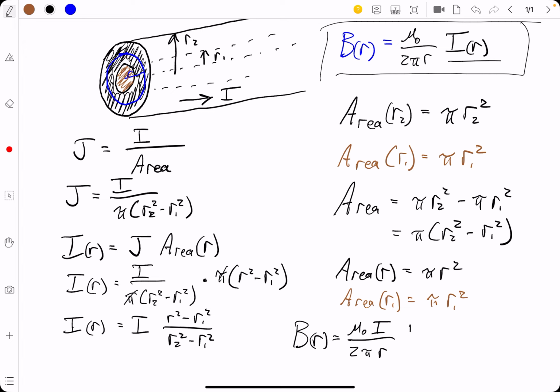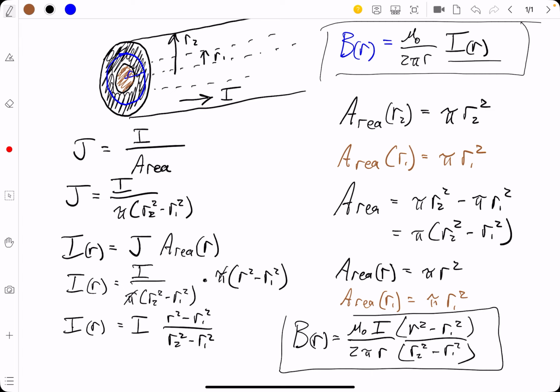And then we're just going to multiply by our r squared minus R1 squared over R2 squared minus R1 squared. And that is our answer for that case. All right.